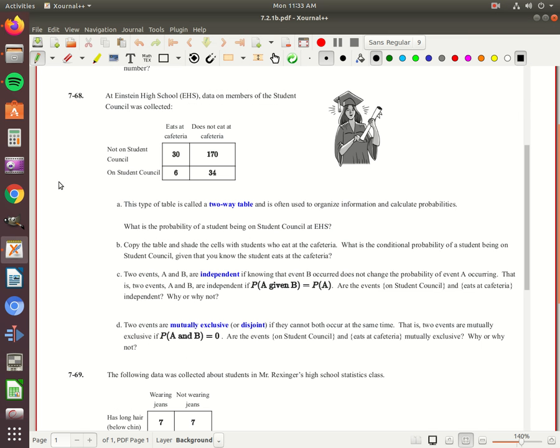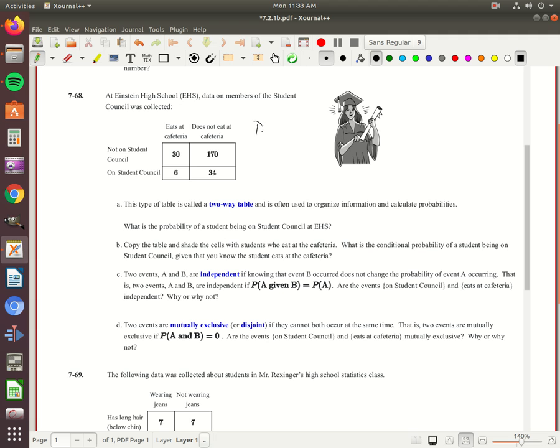All right, it says at Einstein High School, EHS, data on members of Student Council was collected. So this type of table is called a two-way table and is often used to organize information and calculate probabilities. Obviously, we've dealt with these quite a bit in Integrated 1 and already in Integrated 2. So what's the probability of a student being on the Student Council of EHS? So let's go ahead and get the totals here.